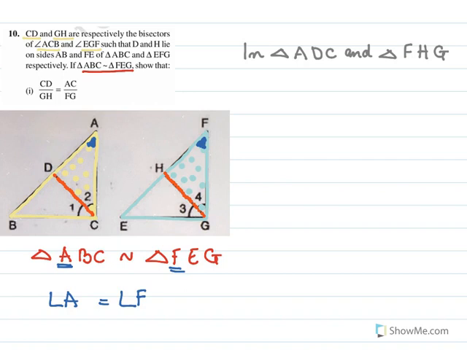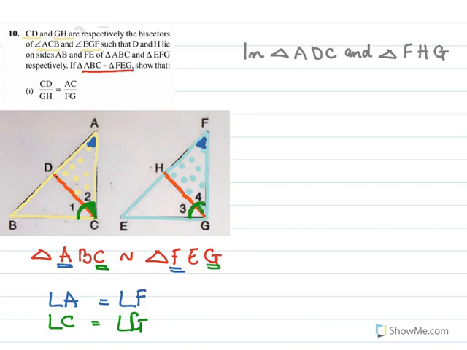Now next I mark angle C will be equal to angle G. Let me mark that in the figure. So we have this entire angle C equal to angle G. If the full angle C is equal to angle G, their halves also will be equal.